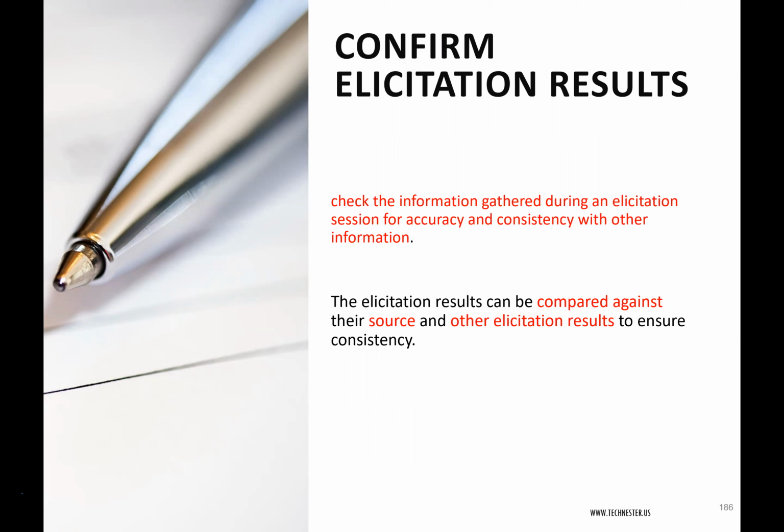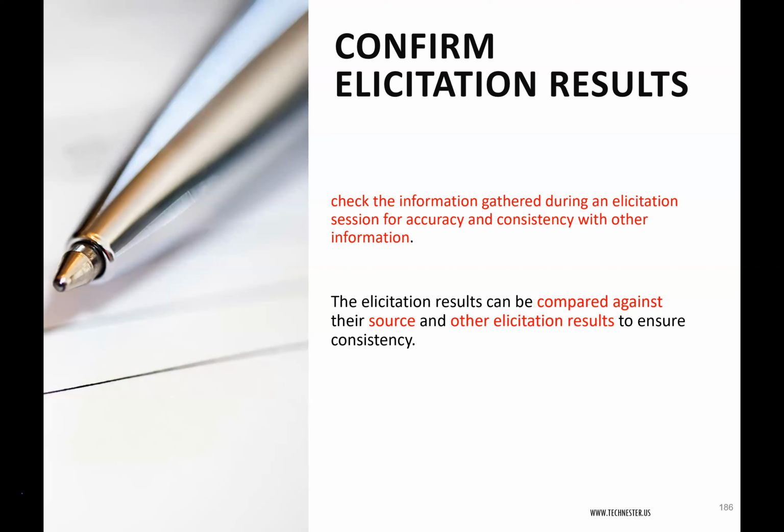You've gathered information from different stakeholders. You want to check if it's accurate and consistent with other information you have, maybe from other stakeholders, or from a resource you have done document analysis on. Does what this stakeholder is giving me align with what this resource is saying? That's confirming elicitation results.